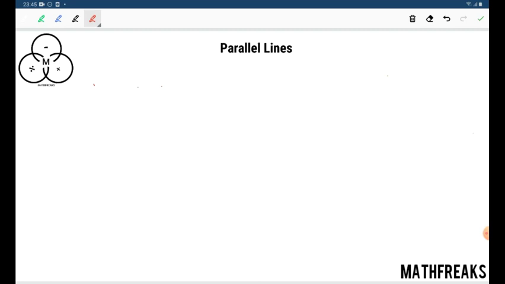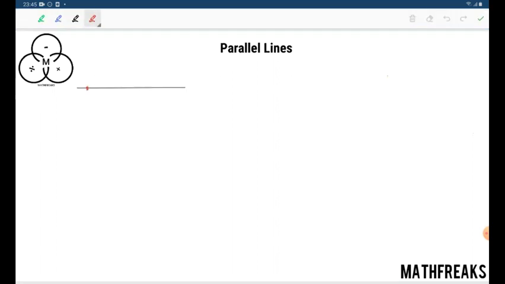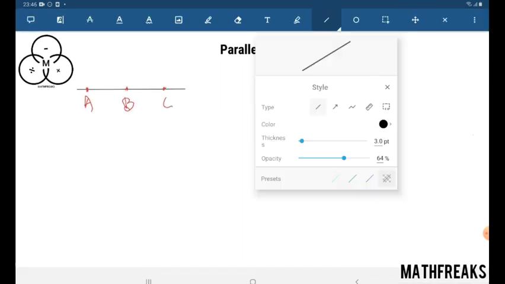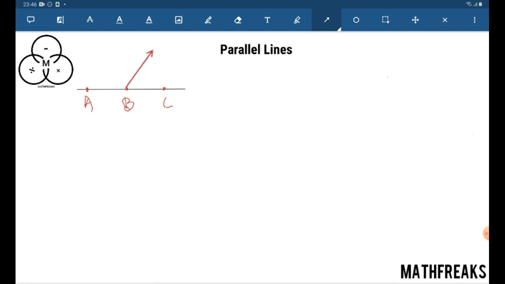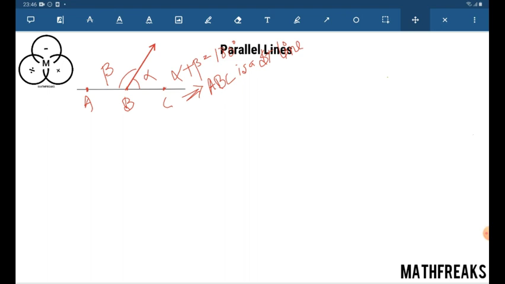If we are given 3 points, one point A, another point B, another point C, and we draw some angle, such that this is angle alpha and this is angle beta, and alpha plus beta equals 180 degrees, then only we will say that ABC is a straight line.